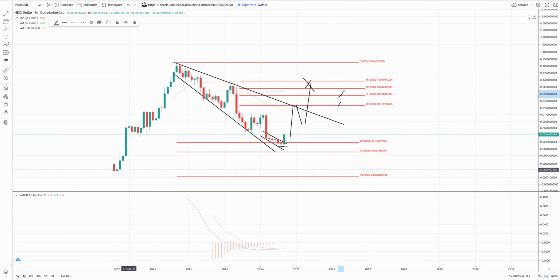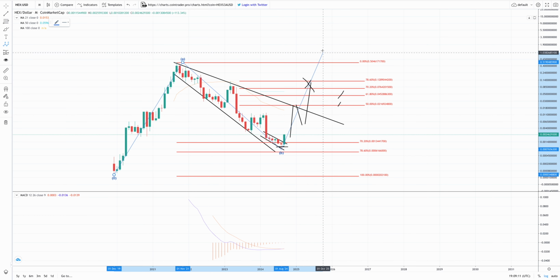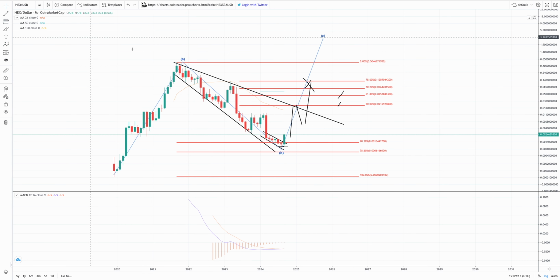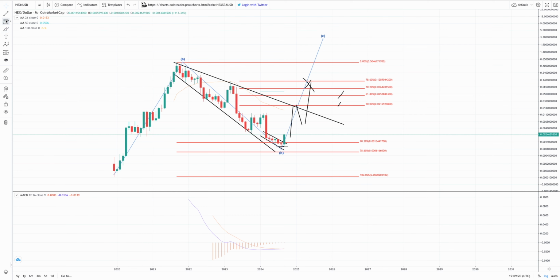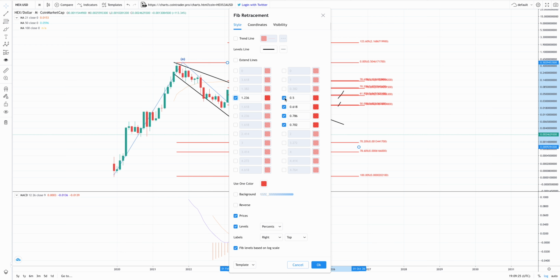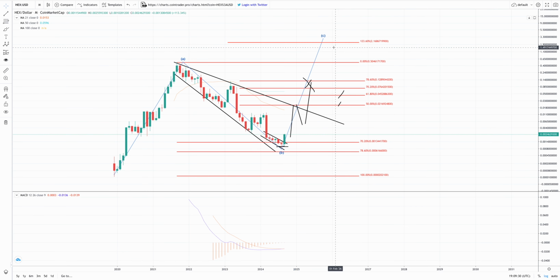Something very bullish that could occur on PulseX would be that we actually go ahead and make a new all-time high. But in order for that to happen, this would be considered your A wave, and this is your B wave, and then we come up for a C wave like this towards the 1.236 extension right over here at $2.